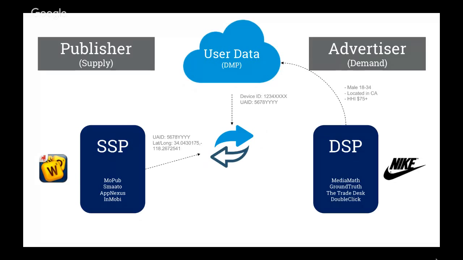So now we've met the requirement to be located in California, and it's a known device ID that we already know meets our target audience because it was part of our DMP, and now it is sold. Now it's going to cost Nike a little bit more because there is a cost associated with using that DMP, but if they are finding a more targeted audience, it is definitely worth it for them because it is a higher quality audience, more likely to convert.